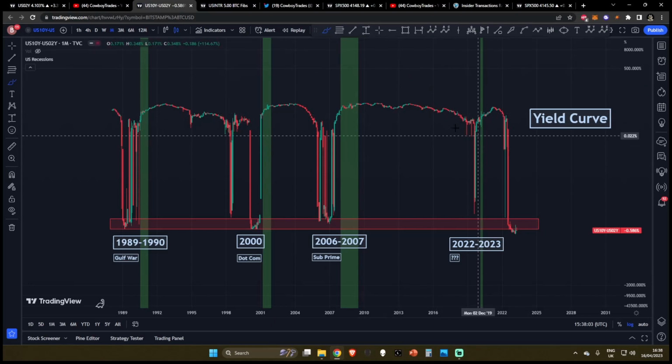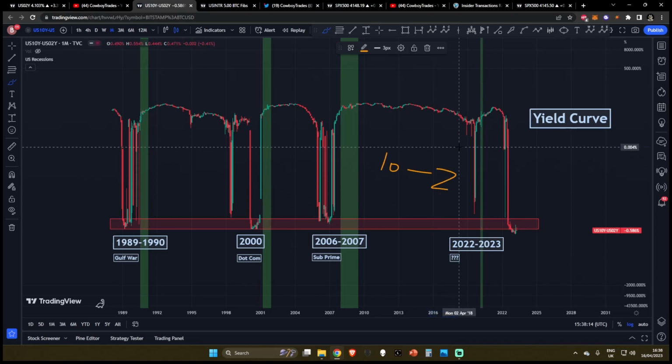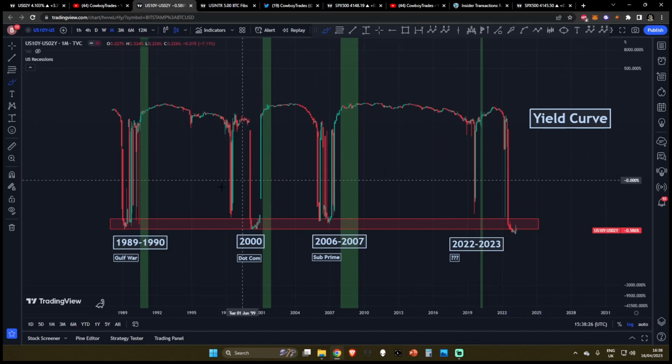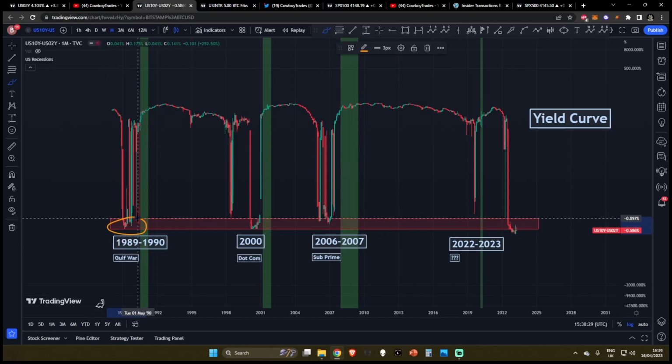As we discussed, coming into recessions, the 2-year always outperforms the 10-year, which is why we've got such a drastic number. You can imagine if the rate for the 2-year government bonds is, let's say, 5%, but the rate for the 10-year is only 3%, then 3 minus 5 is minus 2. So when the 2-year government bond goes on a massive tear to the upside, the yield curve is inverted and it goes to these negative targets.